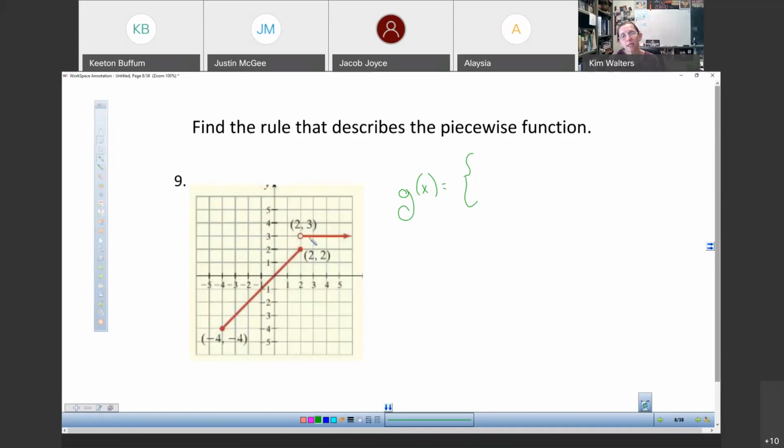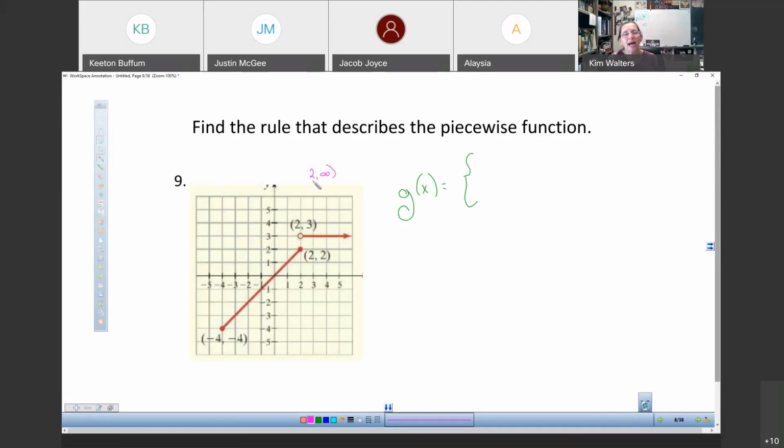So we can see here we have a piece of a function. What are the x values that I'm using for this piece? What is my domain for this piece of the function? 2 to infinity. 2 to infinity, perfect.